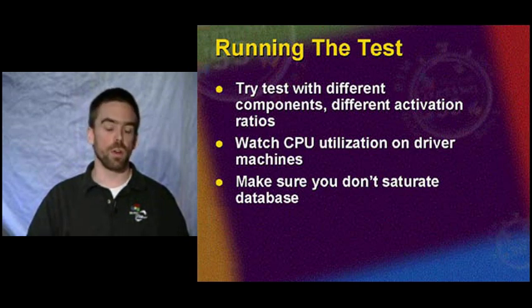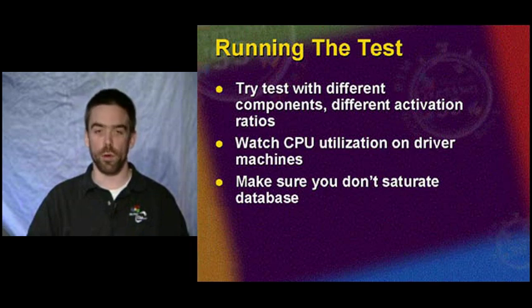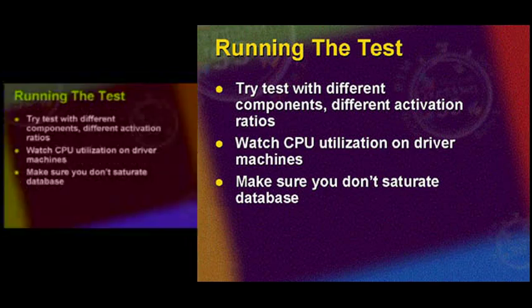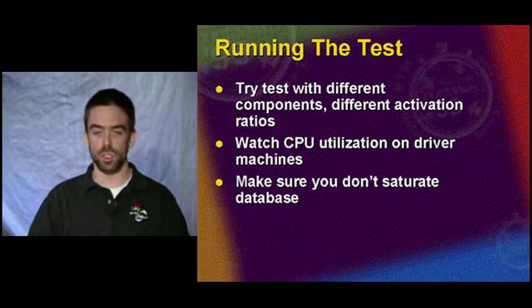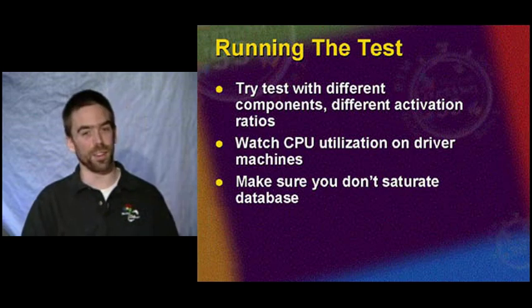That is, if you have a very high or a very low activation ratio, and you're creating components for every method call, you should look at the CPU utilization on the machines that are driving these components, because the cost of CoCreateInstance also occurs on the drivers.